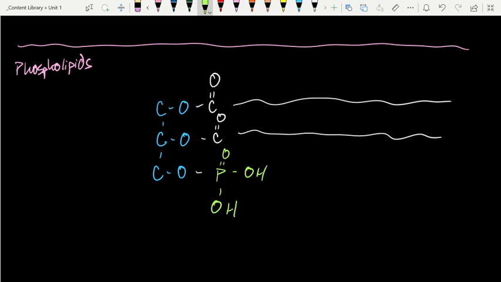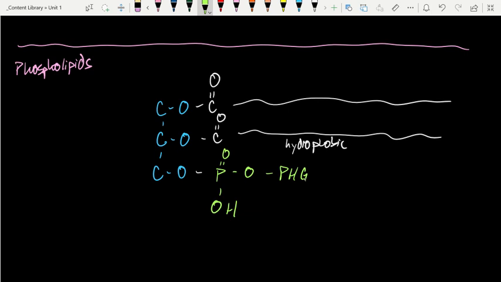But importantly, the one thing that I want you to recognize really quickly, remember, this hydrocarbon chain is very hydrophobic. This phosphate group is actually often bound to a very hydrophilic structure, one of many different types that we would just call a polar head group. I don't know that that's super important.